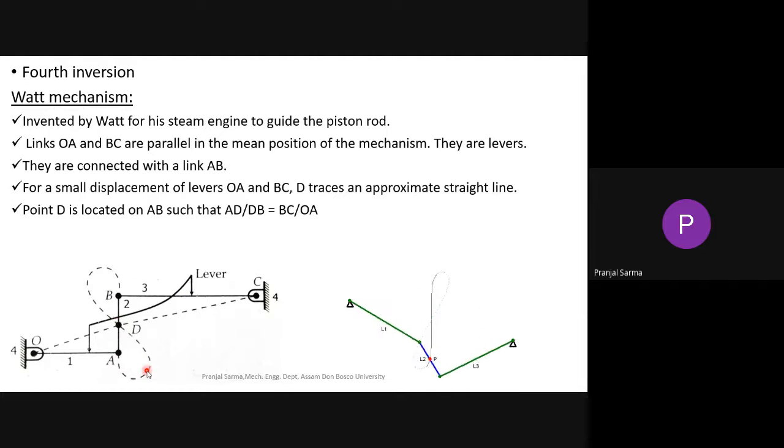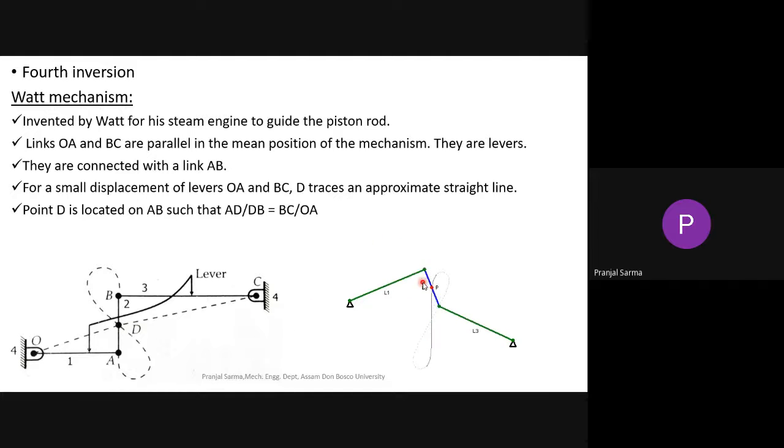So what happens, due to the very nature of this mechanism, for a small displacement of the levers OA and BC, the point D, which is located on this link connecting the two levers, traces an approximate straight line. Approximate straight line means it's not an exact straight line.